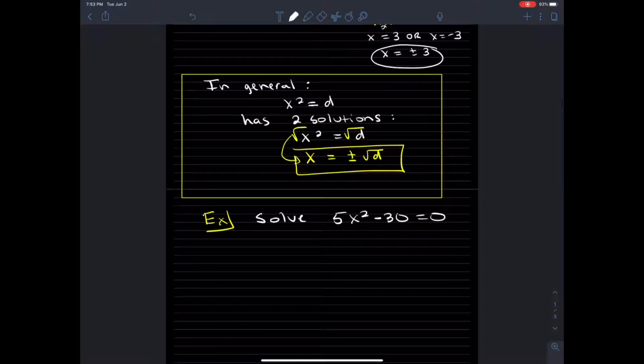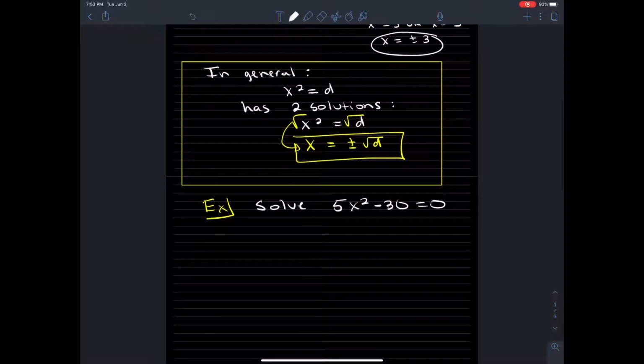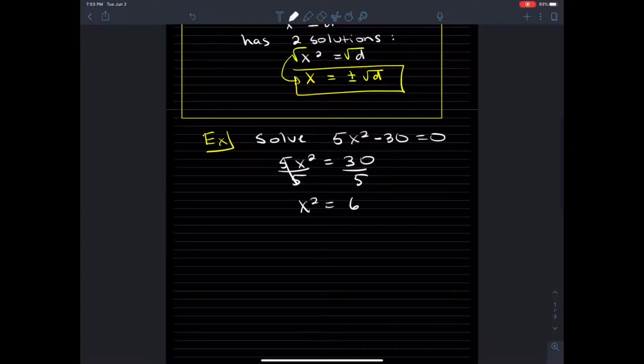So we're going to solve this quadratic by extracting the root. We'll add 30 to both sides. We want to isolate the x squared. Take the square root of both sides.